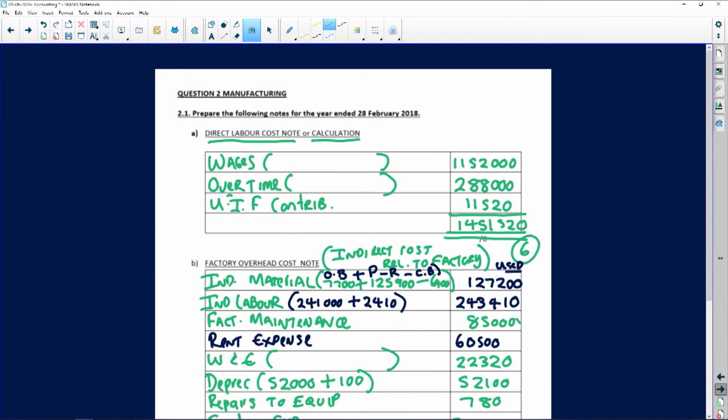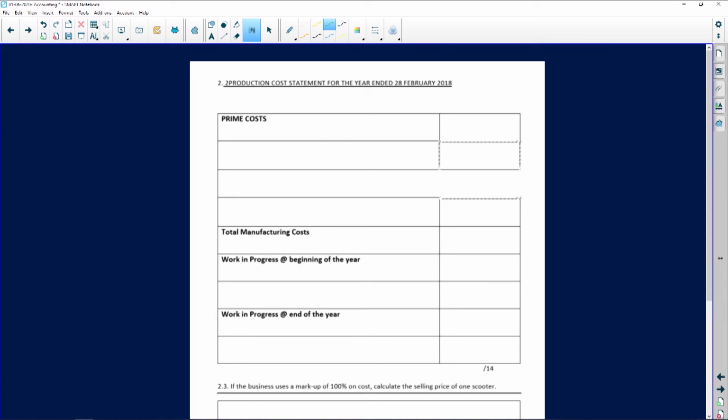Okay, so let's go to your production cost statement, and we're going to start off with prime cost, which is obviously my direct material cost. And remember, guys, you should know your format. Direct material cost plus my direct labor cost. Okay. Right, direct labor cost, we obviously calculated this already.